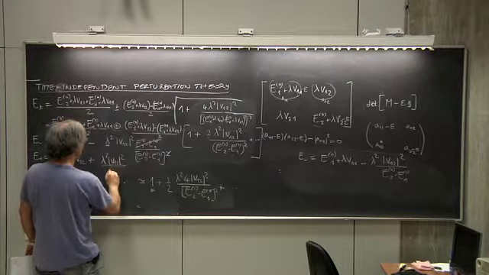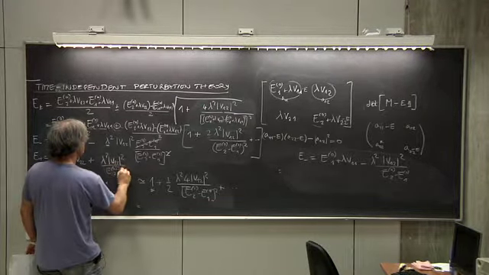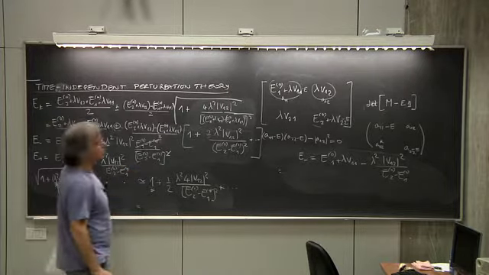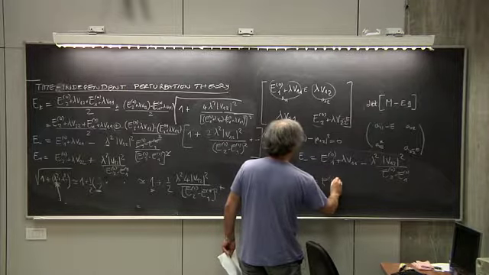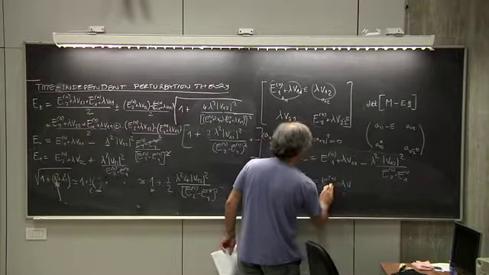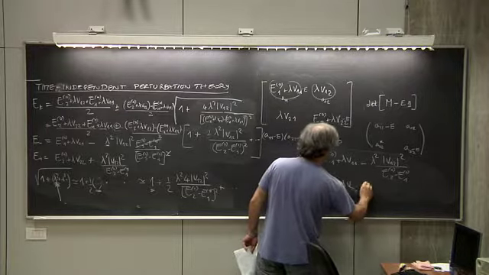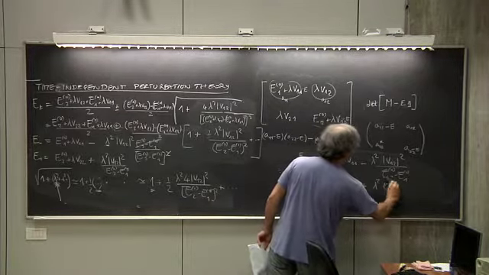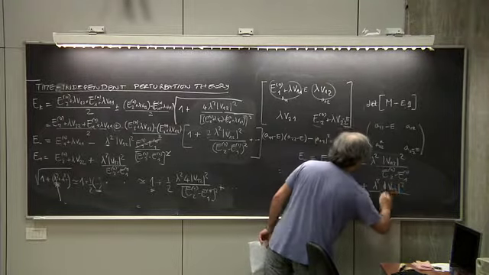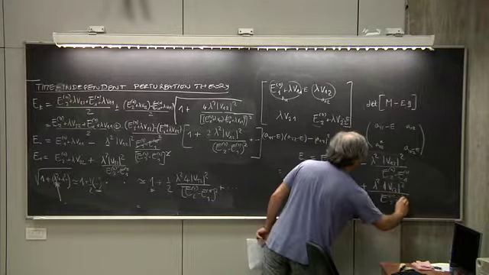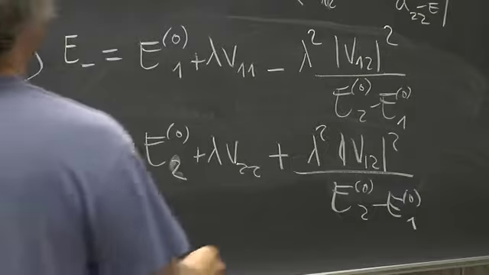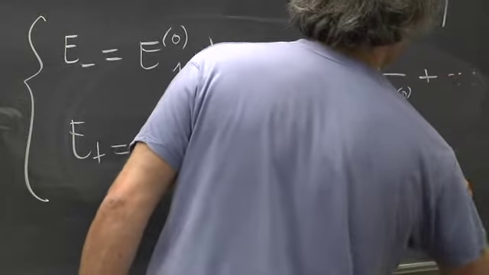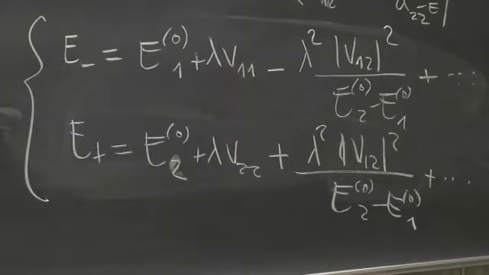So I just have the same expression minus E01. So E plus is E02 plus lambda V22 plus lambda square V12 square divided by E02 minus E01, plus other things. So this is the expansion to the smallest two orders in lambda.